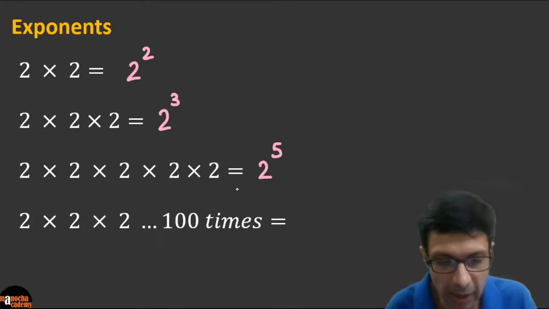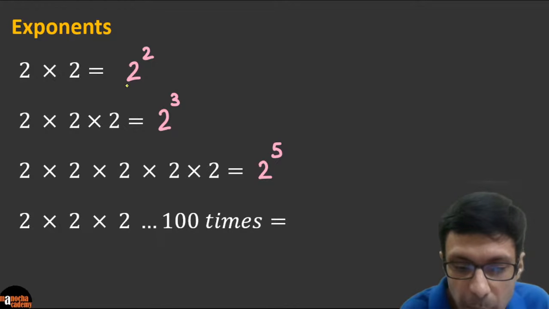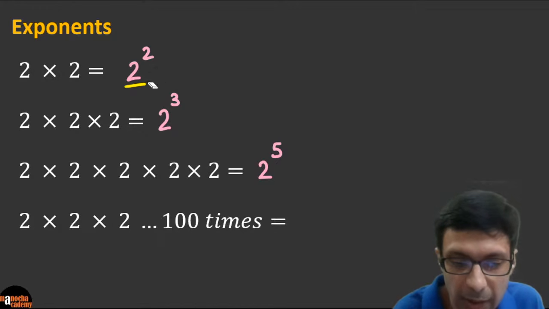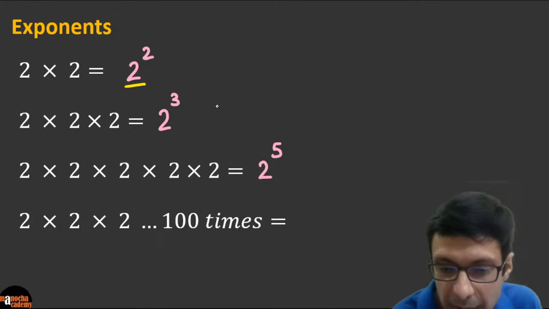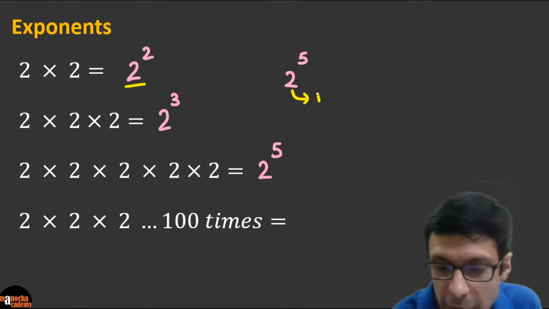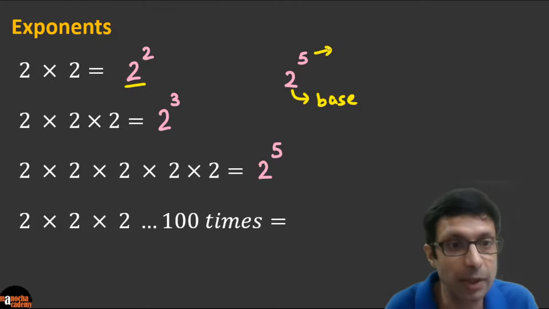Very good, right? And guys, do you know what this number is known as? So the main number that we write at the bottom, 2 here, is called the base, okay? So let me write that clearly here. Let's take this example of 2 to the power 5, okay? So this number 2 here is called the base, okay? And the 5, what is the 5 called, guys?